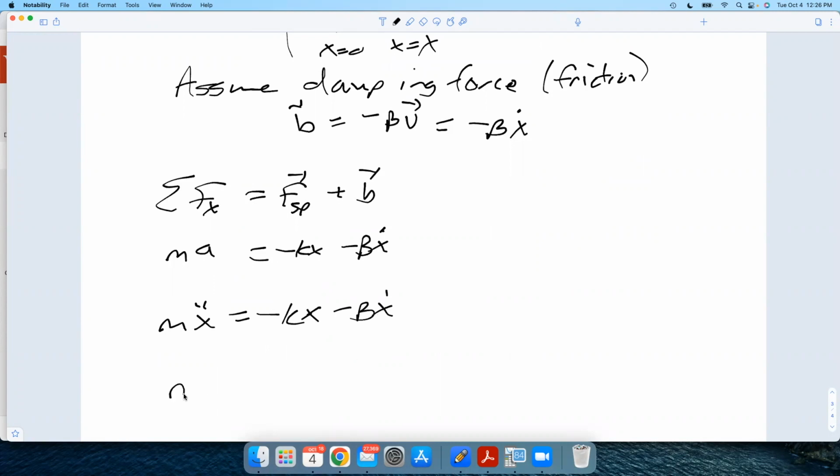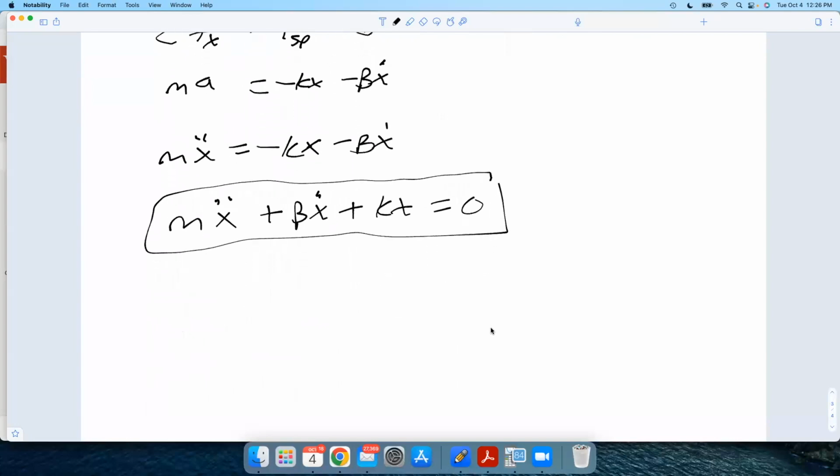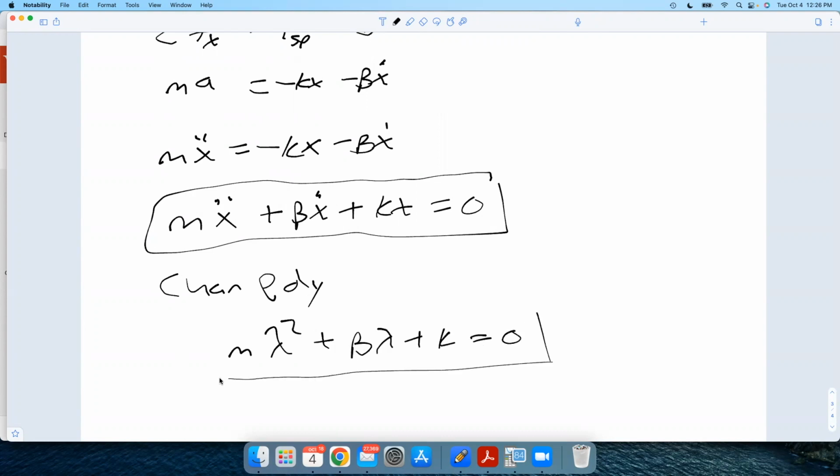So if we move everything to one side, we get this second order linear homogeneous DE with constant coefficients. And it's pretty easy to see here that our characteristic polynomial will be m lambda squared plus beta lambda plus k equals 0.